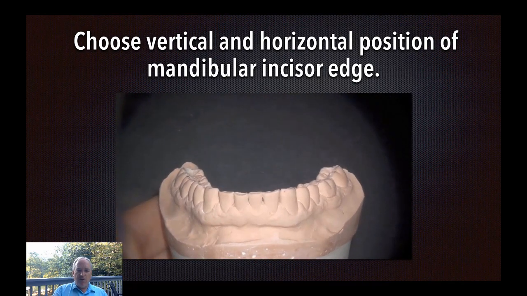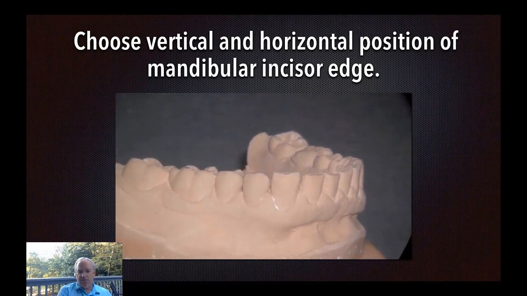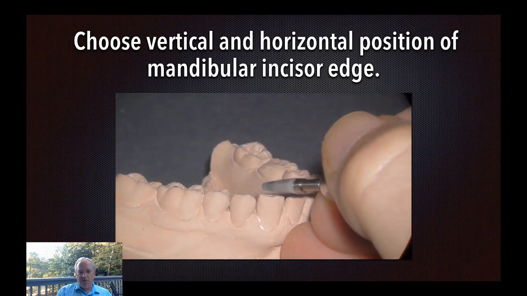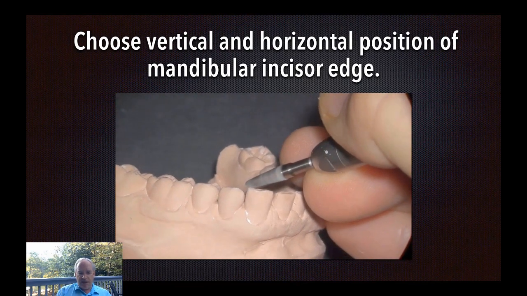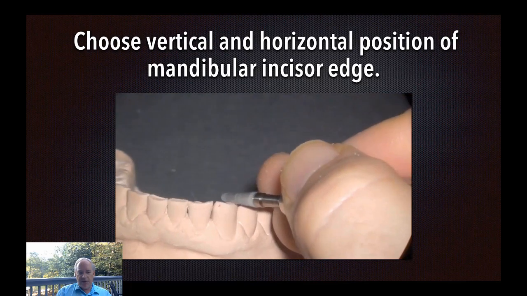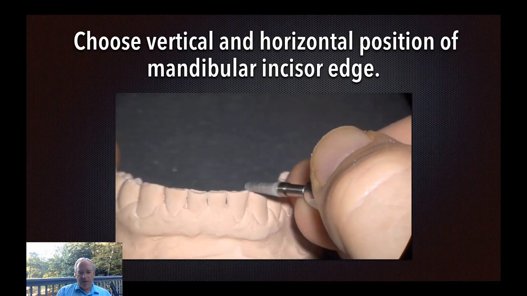So what we can do when we do our workup and do our design is pay attention to those buccal cusps posteriorly and make sure that the tip of our canine is going to be in line with that. That prevents us from making the lower incisal plane too tall. It should be in harmony with the posterior occlusal plane.